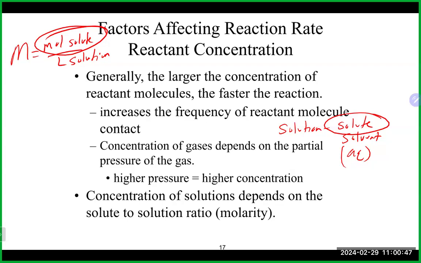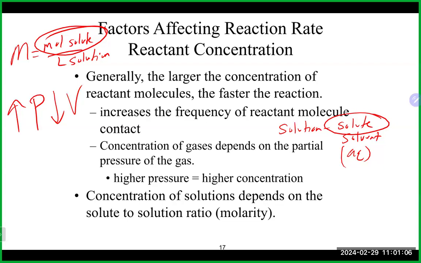Concentration of gases also depends on the partial pressures. Typically, higher pressure means you have a higher concentration of gas. Also, as you remember from Chem 50, if you have a high pressure, what happens with the volume? It decreases. That's a little Boyle's law action, right?